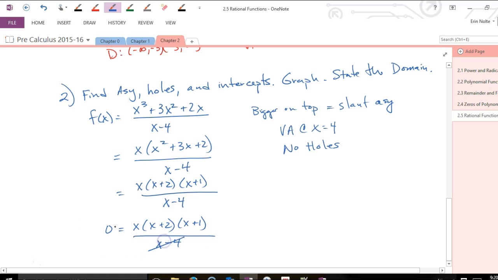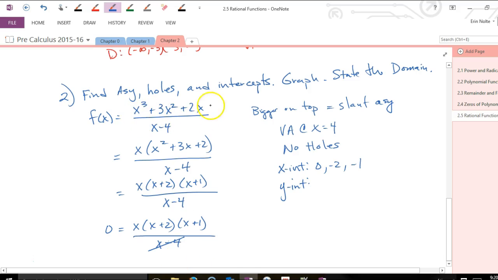So I ignore that piece, and this is factored, and anytime something's factored, I just set each of the quantities equal to 0, so I end up having 3 different intercepts. So I have x-intercepts at 0. The value that would make this one 0 is -2, and the last one would be at -1.